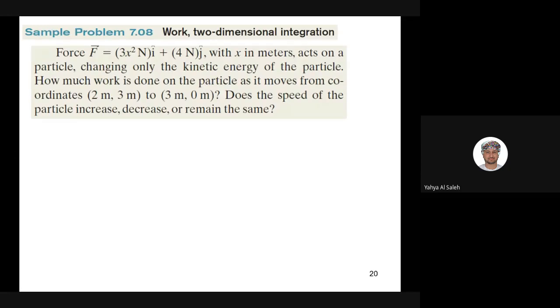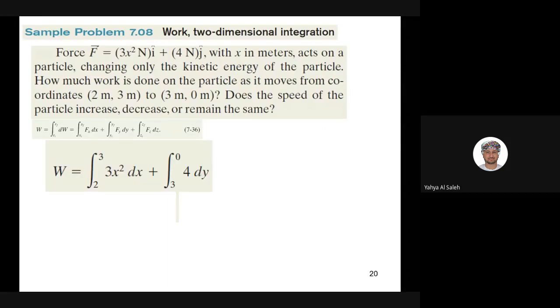Right, we have our equation. We put it in. We end up with two integrations. We don't have a z here, so we don't care about z. Fx dx is 3x squared dx. Fy dy is just 4 dy. Coordinates are always in the xy format.